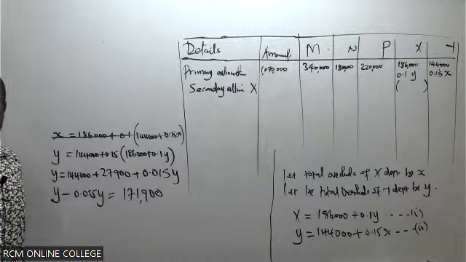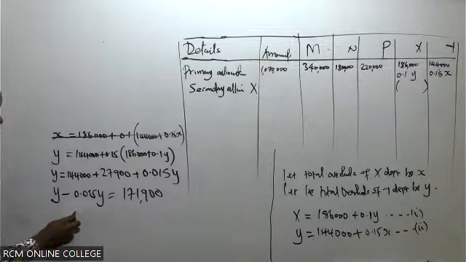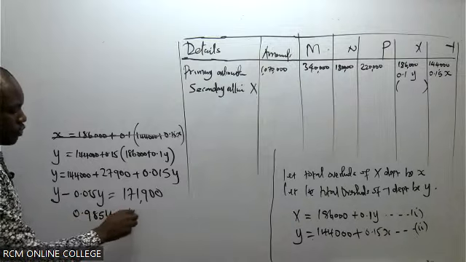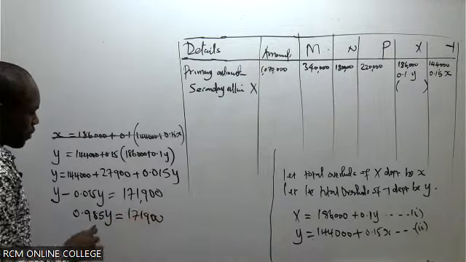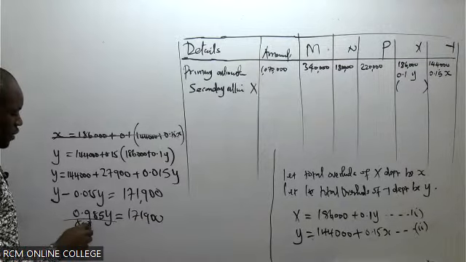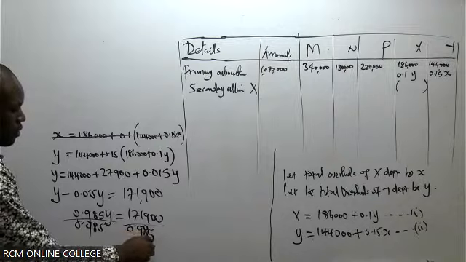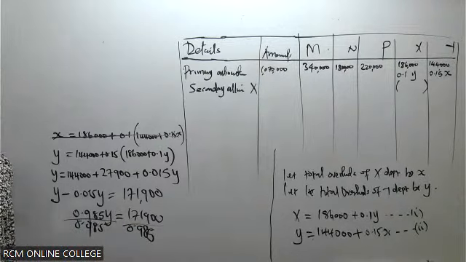Someone has given me the result, 0.985. 0.985Y is equal to 171,900. Go ahead and give us the value of Y.